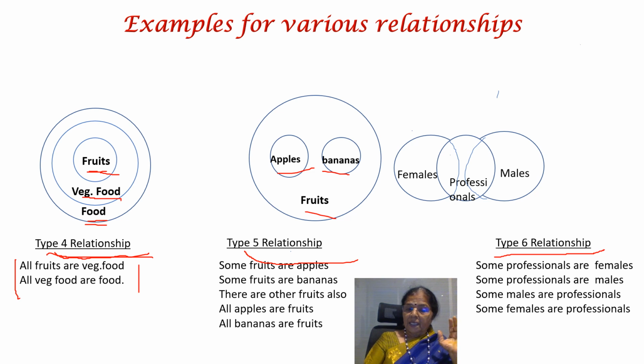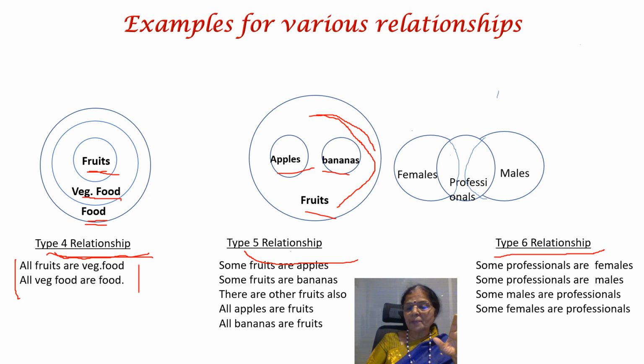Now this type of relationship, what does it say? Some fruits are apples and some fruits are bananas. And there are other spaces left. You can include there other fruits like kiwi fruits, dragon fruits and mangoes and whatnot. So all these empty spaces represent other fruits. And inside these fruits, you have got 2 small groups.